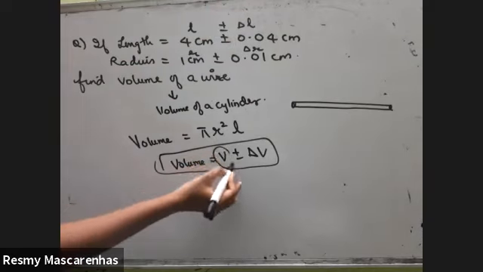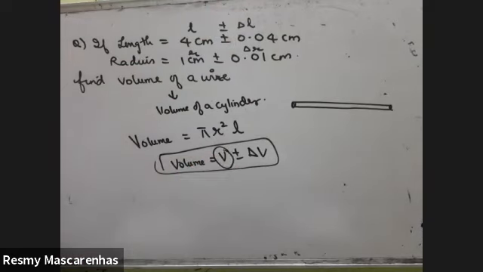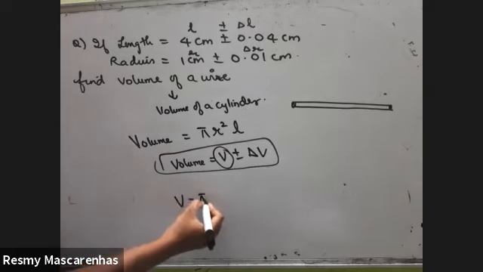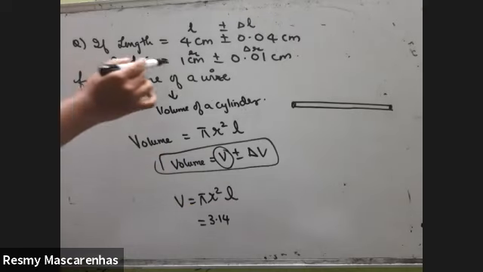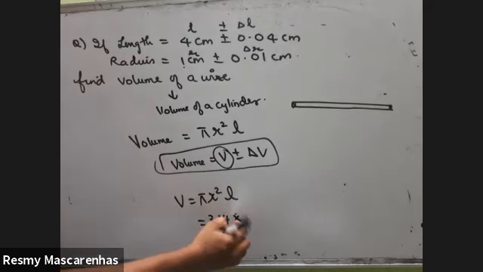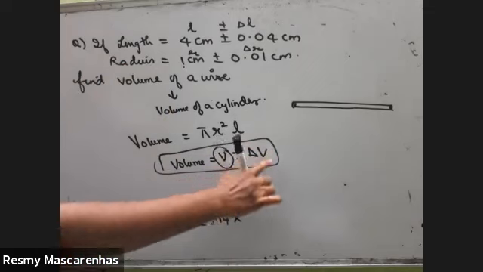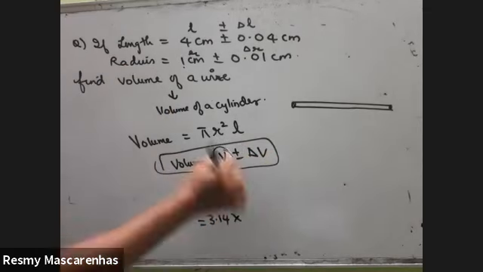So first we'll find this part, the basic normal V. V would be pi r square L. So substitute pi, we will take it as 3.14. R is your normal R we have to take. Here, no taking errors. Errors will come in the other part. The basic normal values.